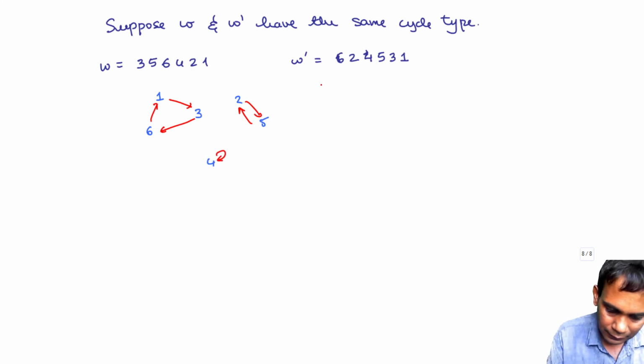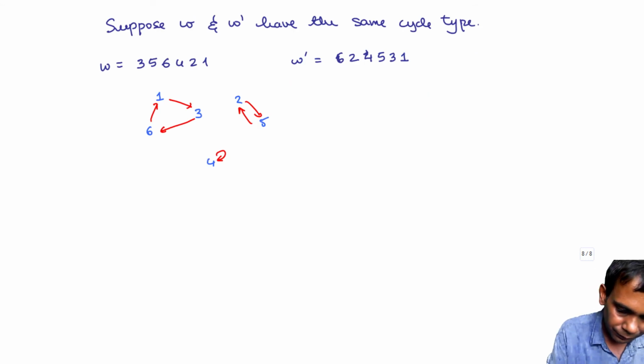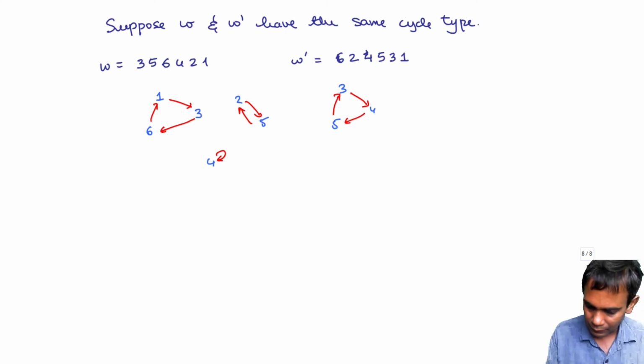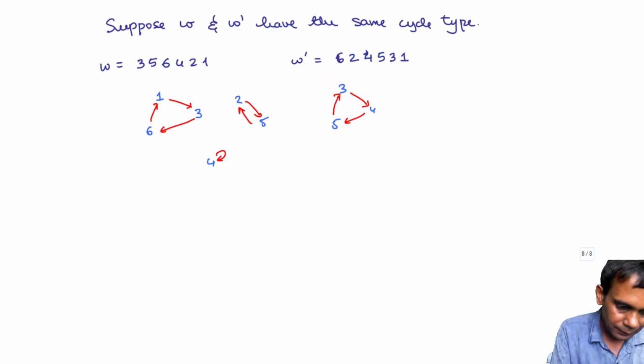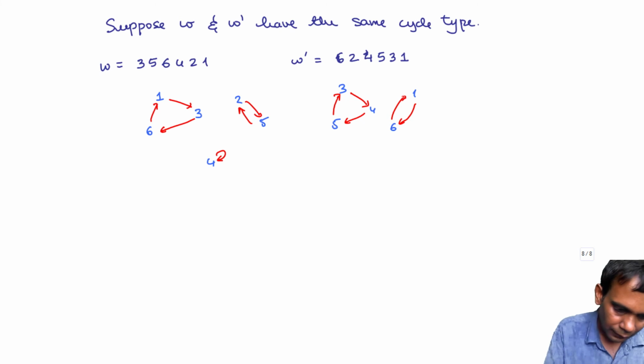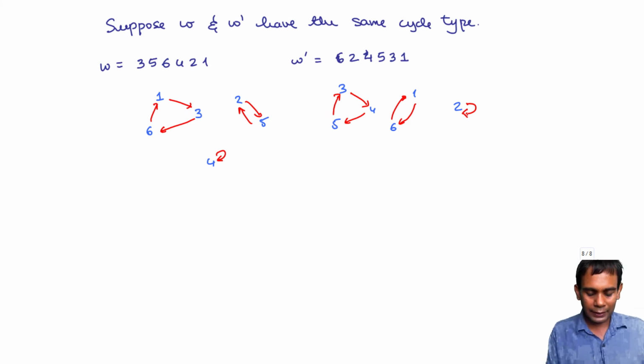This has cycles, let's see, 3, 4, 5, then 1, 6, and 2. So I want an element u that takes w to w prime.